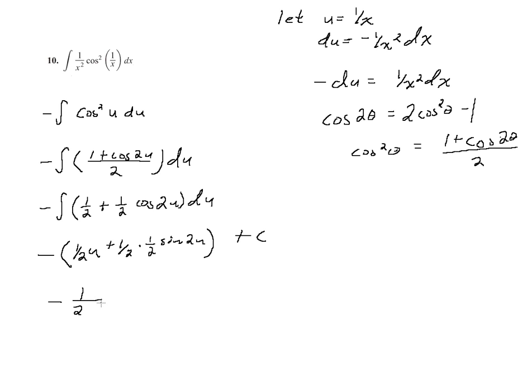Minus 1 over 4 times the sine of 2 over x plus c. I'll just clean that up a bit. We get negative 1 over 2x minus 1 over 4 sine of 2 over x plus c. And that's it.